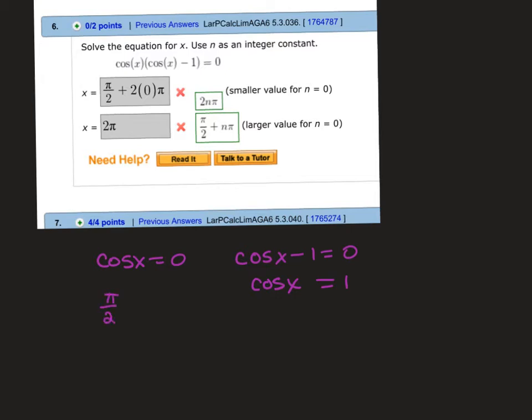Pi over 2 plus 2n pi and 3 pi over 2 plus 2n pi. And then cosine of x is 1 at 0 plus 2n pi.